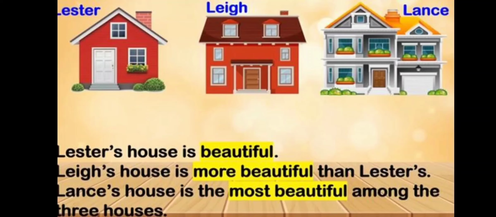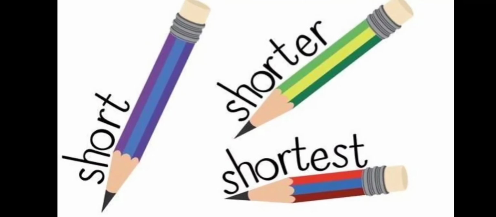The third one, Len's house is the most beautiful among the three houses. So here we are comparing Len's house with Lester's and Lay's. So for superlative degree, what will we use? Most beautiful.